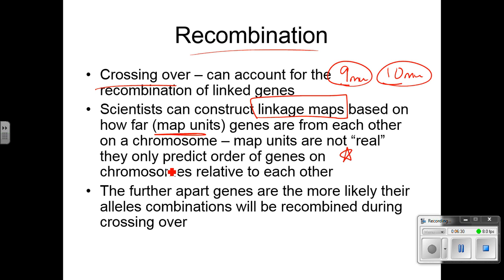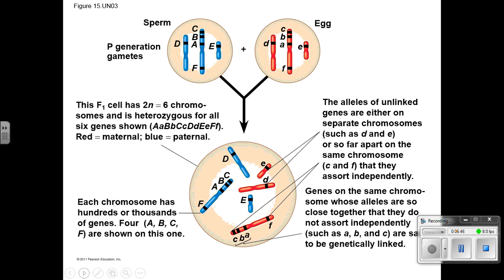But it gives us the ability to predict the order of genes relative to one another on a chromosome. The further apart the genes are, the more likely their allele combinations will be recombined during crossing over. And if you think about that, if they're pretty far apart, then crossing over would be more likely to happen. And this just shows in a sperm cell, for example, and you can read all this side stuff, but C and C, they're on separate chromosomes, so they should assort independently.